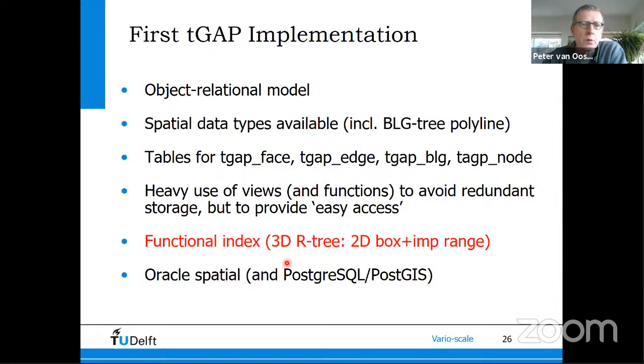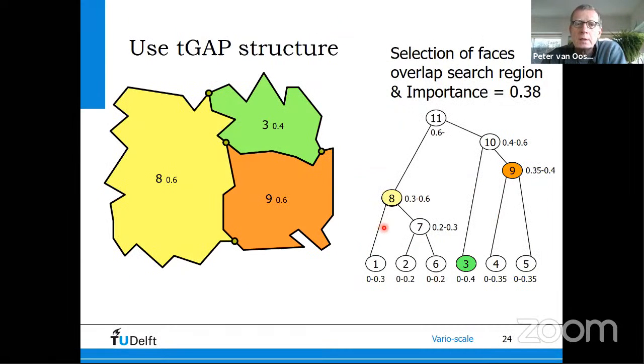We use a functional index on the faces of the T-gap tree, and that is the extent, the bounding box, plus the importance range where they are valid. So you could imagine over here, we have object 8 that has a bounding box in 2D, but it also has a scale range in the 3rd dimension.